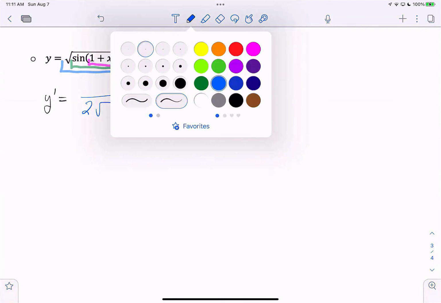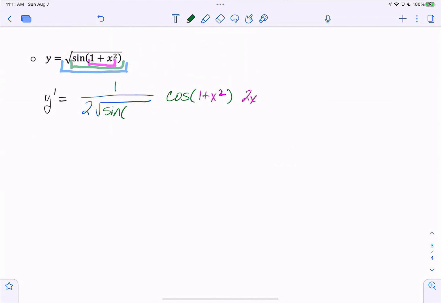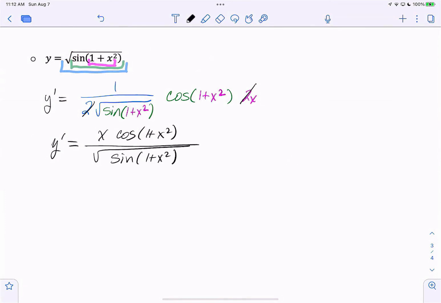What was inside the square root function was the sine of 1 plus x squared. As far as simplifying, the 2's will divide out, and we have y prime equals x times the cosine of 1 plus x squared in the numerator, and the denominator is the square root of the sine of 1 plus x squared.